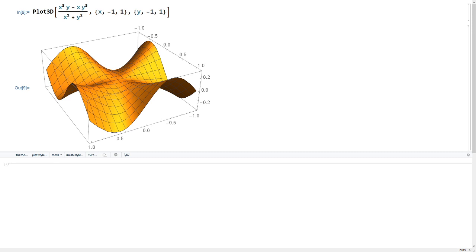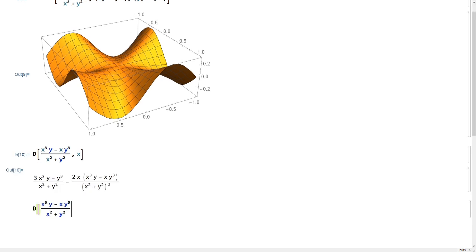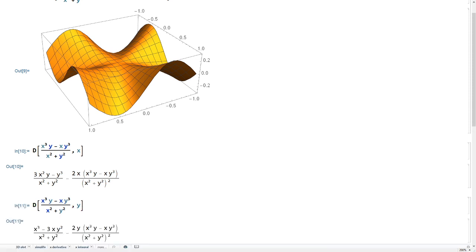To do partial derivatives in Mathematica is basically exactly the same as we have been. Here I want the derivative with respect to x. And here I want the derivative with respect to y.